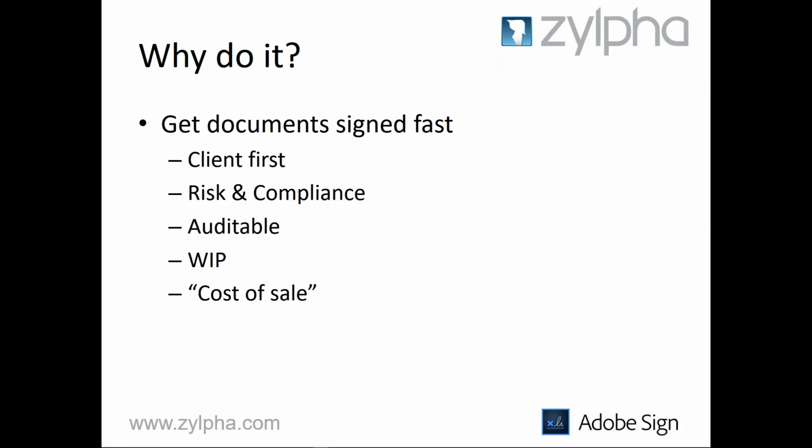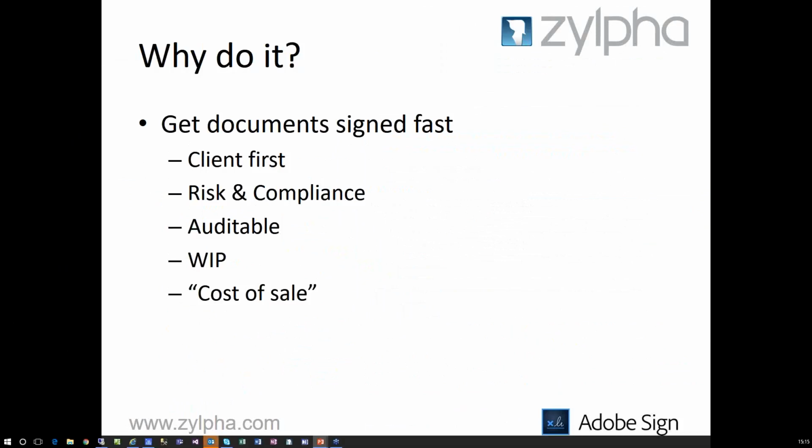There are some cost reasons in terms of WIP and cost of sale. Paper-based processes, even if you take something simple like a residential conveyancing transaction, you build delay in by sending documentation to the client on paper. Invariably the client doesn't sign it and they need to be reminded, which normally involves another letter.